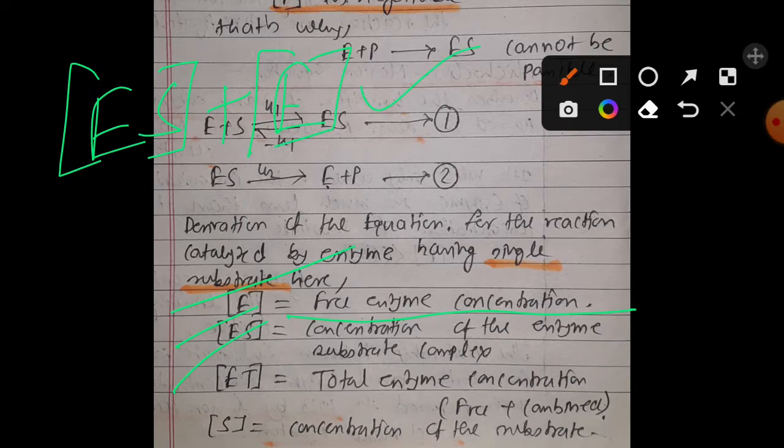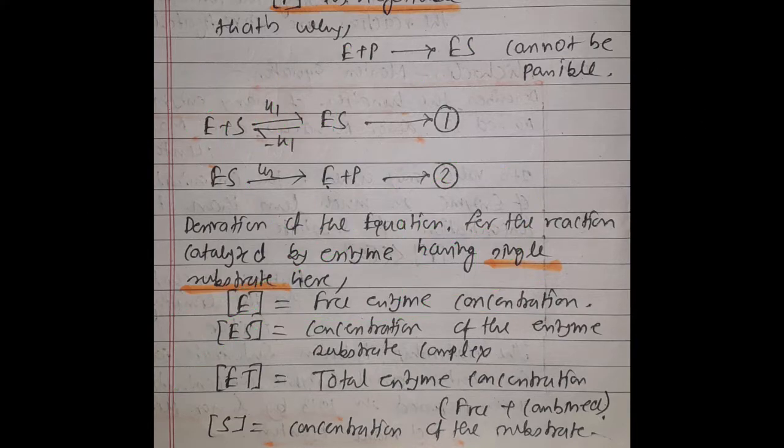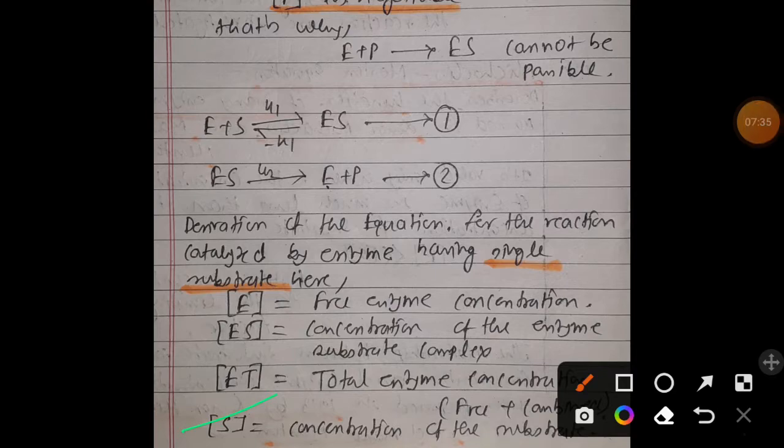E means the free enzyme concentration and ES means the enzyme substrate complex. Okay, so if we add these two, we will get the total enzyme concentration, right? And that is the thing. Okay, and this one is the concentration of the substrate.